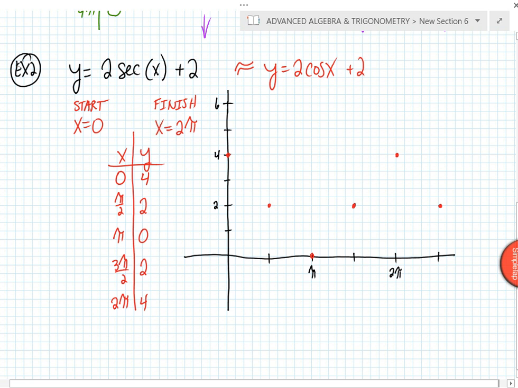Should be right about here. I'm going to lightly trace my graph. It's going to look something like this. I'm going to switch colors so that we can see what the actual reciprocal function will look like.